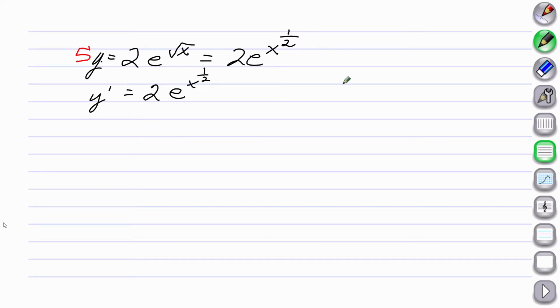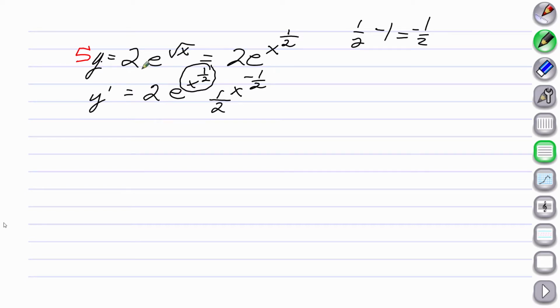And now we have to take the derivative of this x to the 1/2. So x to the 1/2 would be 1/2 x to the 1/2 minus 1, which would be a negative 1/2. So that's what the derivative of this is. We can write it as y prime or dy over dx, and you might want to get used to using that notation.